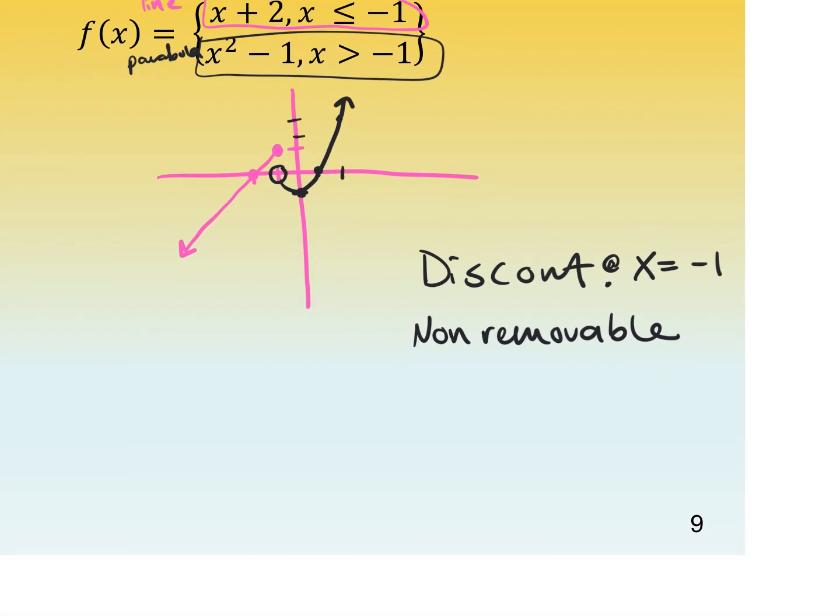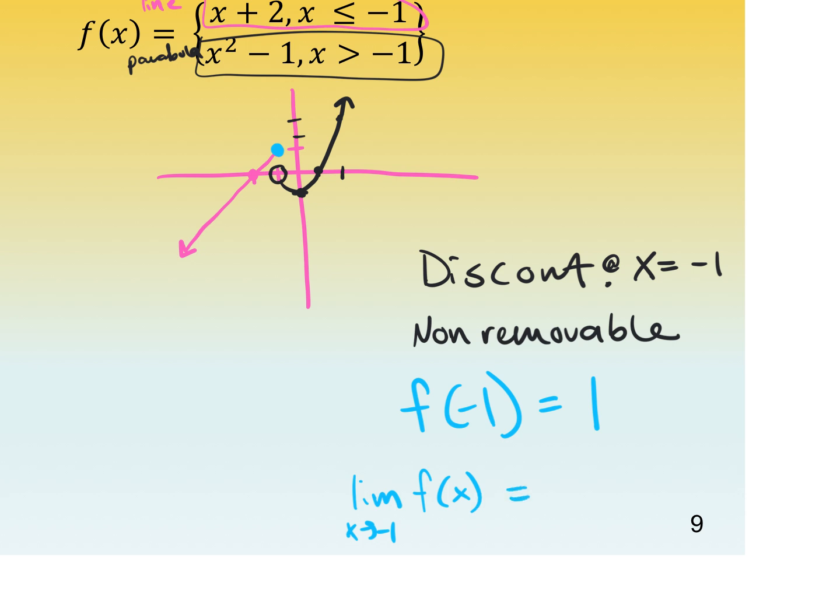And then just for extra practice here, what if this asks for f of -1? What is f of -1? One. Awesome. It'd be this point here because this was the closed circle. So f of -1 would be 1. What about the limit as x approaches -1 of f of x?